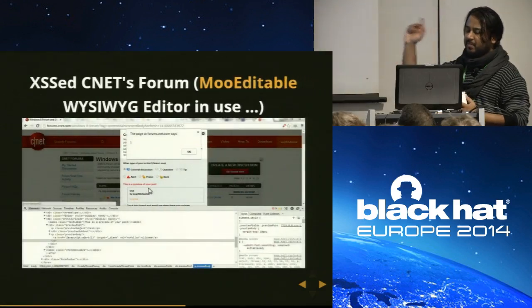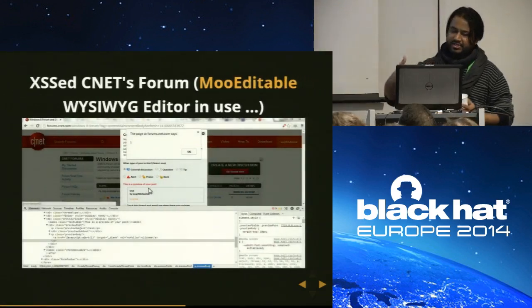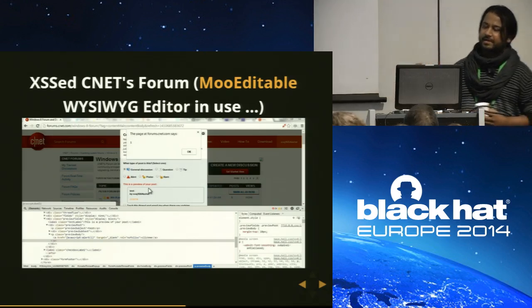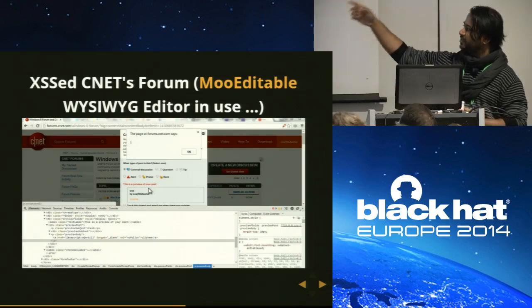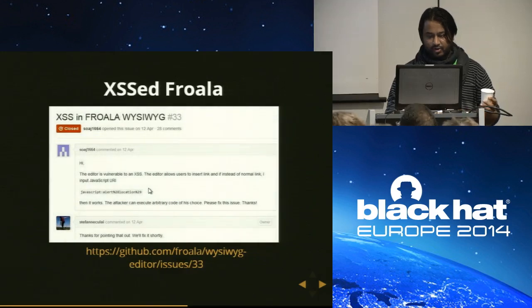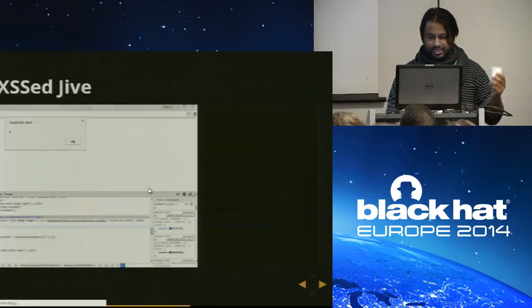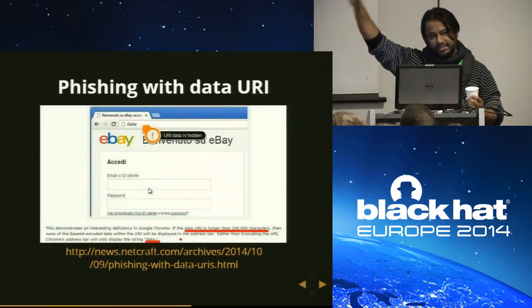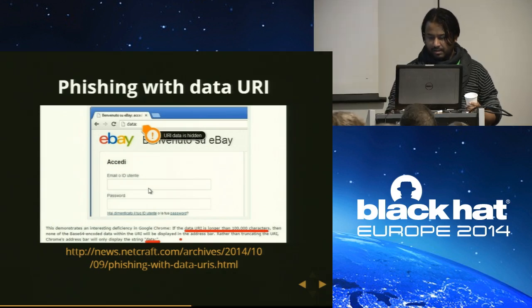More to that, in the initial slide, I showed you an editor called MoxieEditable. It was in use in the CNET forum. It's vulnerable to the JavaScript-based URI. XSS Froala, XSS Jive. I'm just following the chart. Keep in mind, just hold the chart and start applying it.